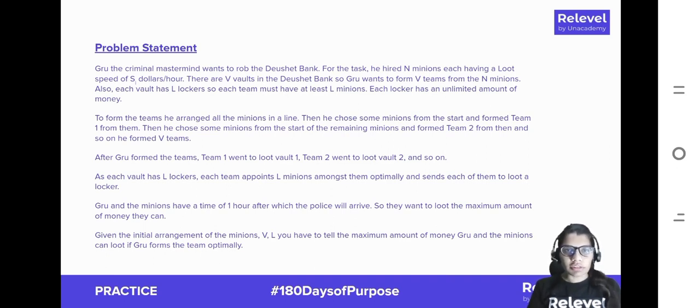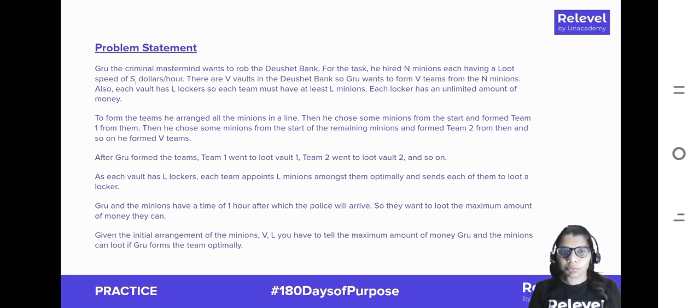There are V vaults in the bank, so Gru wants to form V teams from the N minions. So there are basically V vaults, and that's why we want to make V teams from the N minions that we have hired. Also, each vault has L lockers, so each team must have at least L minions.